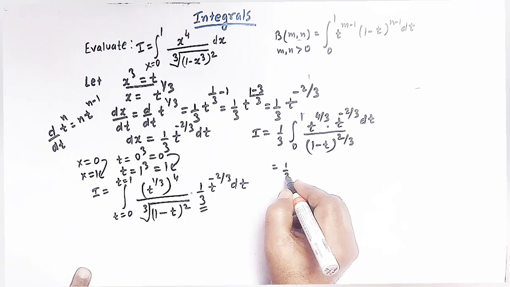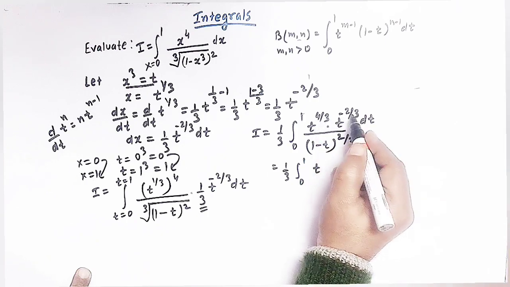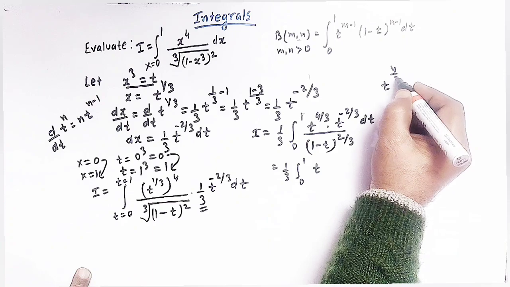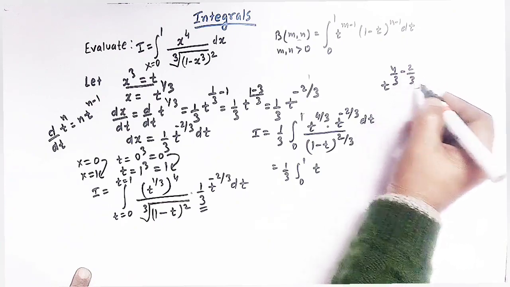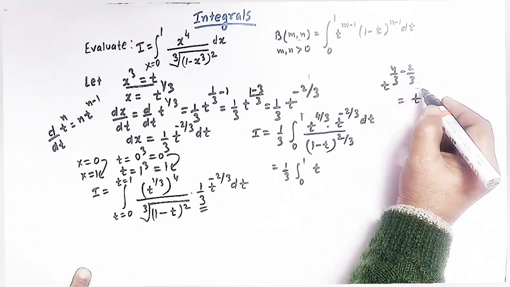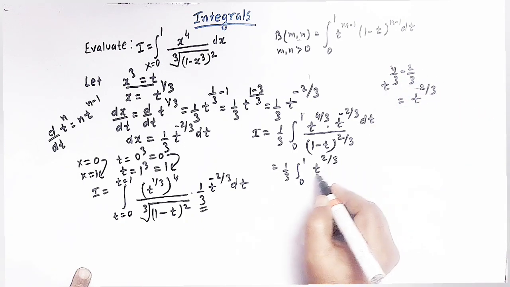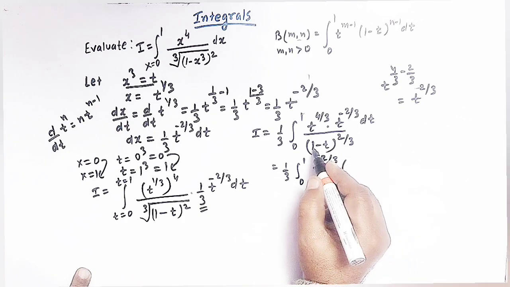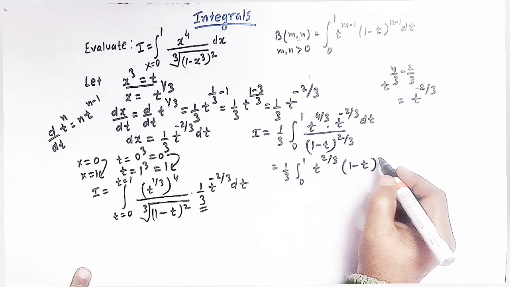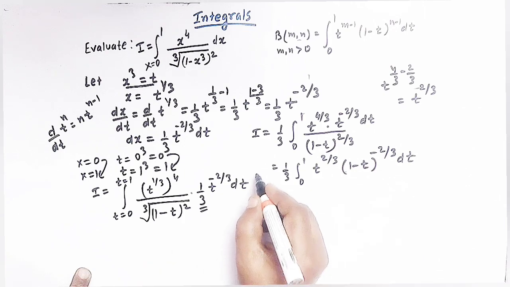So now this is 1 over 3 0 to 1, and here using the laws of exponents we can write t raised to 4 over 3 minus 2 over 3, that is t raised to 4 minus 2 is 2, so this is t raised to 2 by 3. So here we have t raised to 2 by 3, and taking this term to the numerator we have 1 minus t raised to minus 2 over 3 dt.